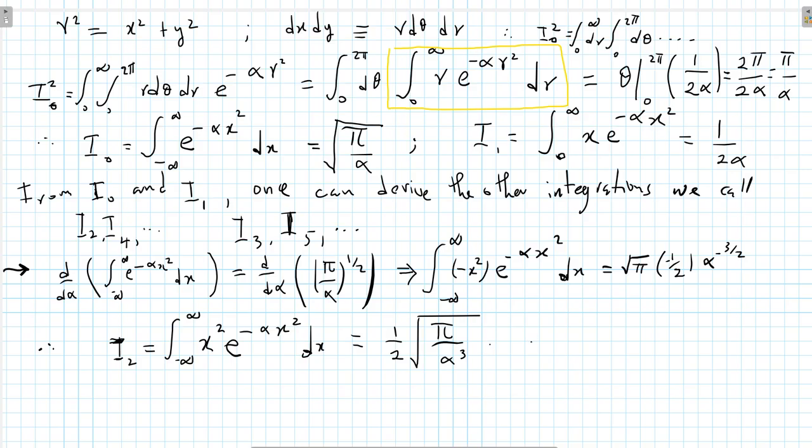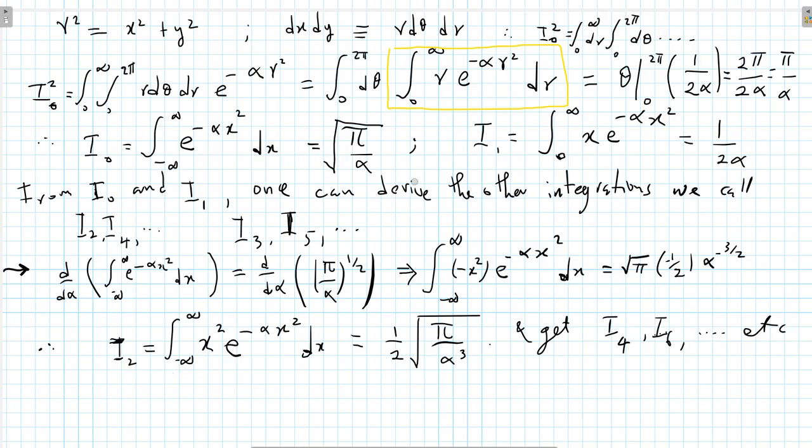Okay, and if you differentiate again this formula with respect to alpha on both sides, you can get the formula for I4, I6 etc, right?